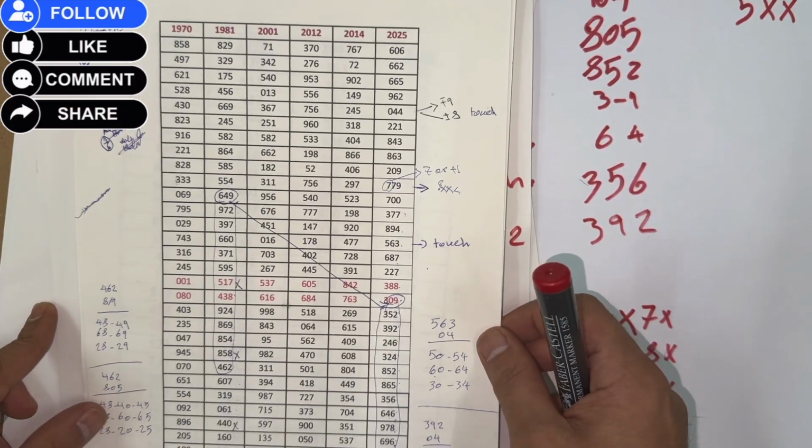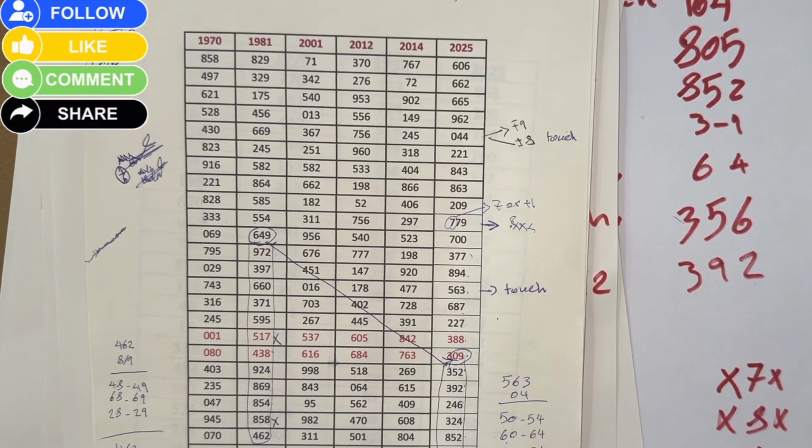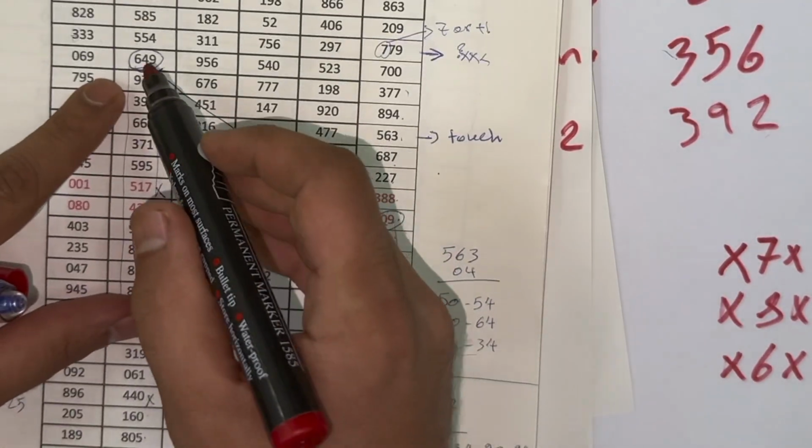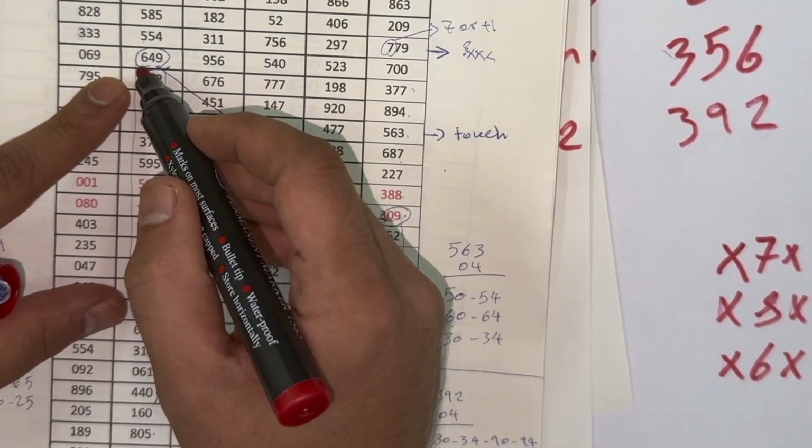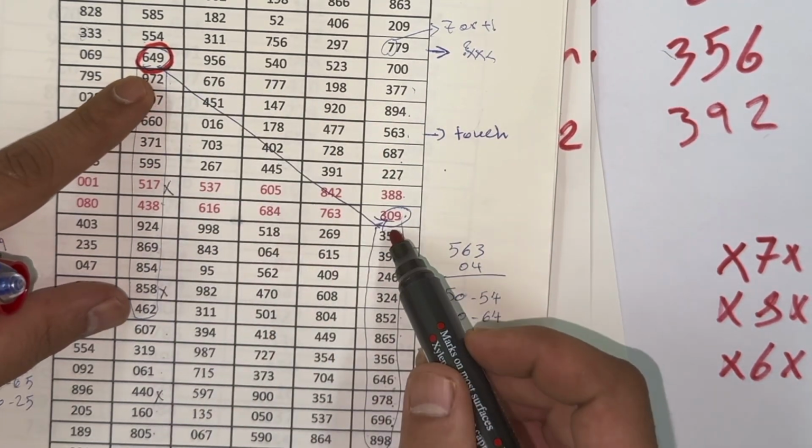Look at this. As you can see, here we go with 6, 4, 9.